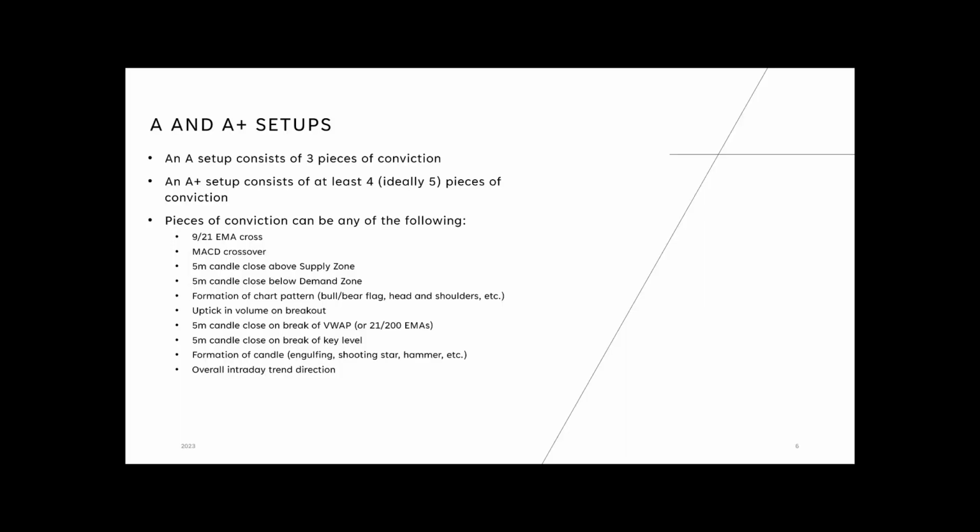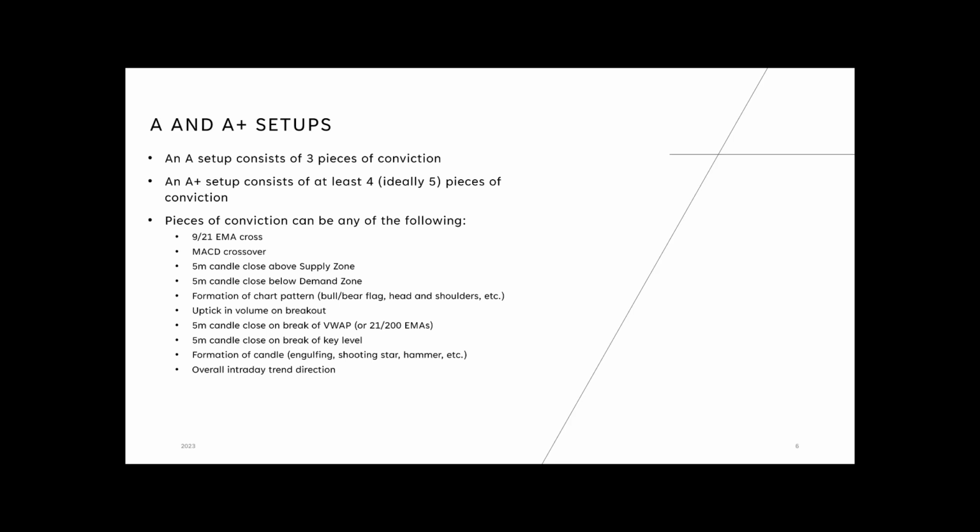So I distinguish between A and A plus setups. Those are really what I look at. When I define an A or A plus setup, what I'm looking for is, before I enter a trade, I don't want to just see one thing. I don't want to just see a big green candle and I hop in. I also don't want to just see volume increase and I hop in, or EMA crossovers, any of that.